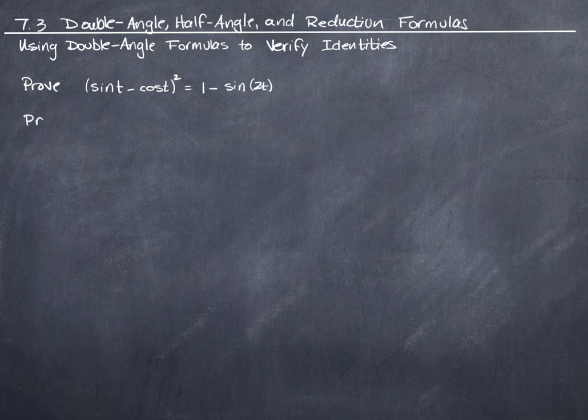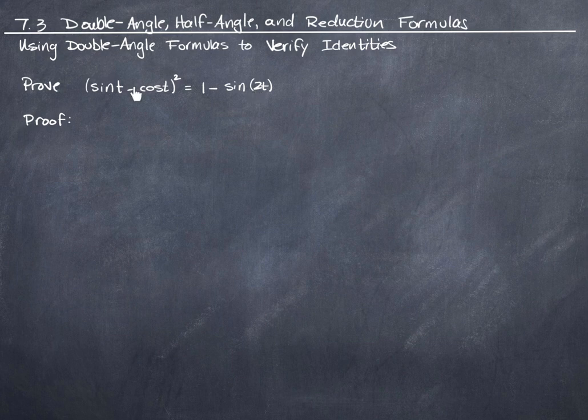To do it, I'm going to start with statement proof and then either left-hand side or right-hand side. If I have time, I'm tempted to do this one two different ways because it appears to me, just on the surface, that I could either start with the left-hand side and expand that, or I could start with the right-hand side and expand that, but I'm not sure which I'm going to do.